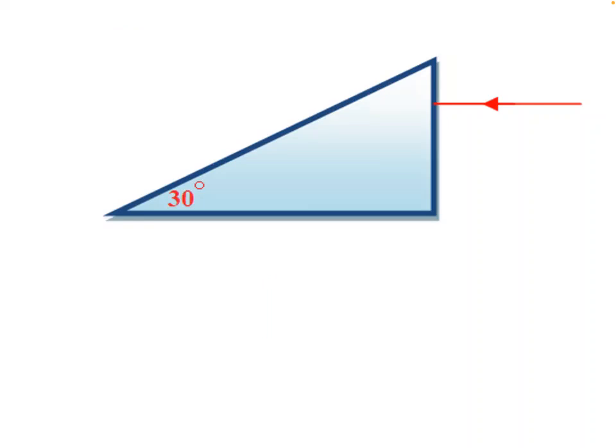Okay, another case. The light ray falls this way, and this is the perpendicular line. This angle equals 30 and this angle 60. The light ray falls at an angle of 60, which is greater than the critical angle. It will reflect at 60 degrees.